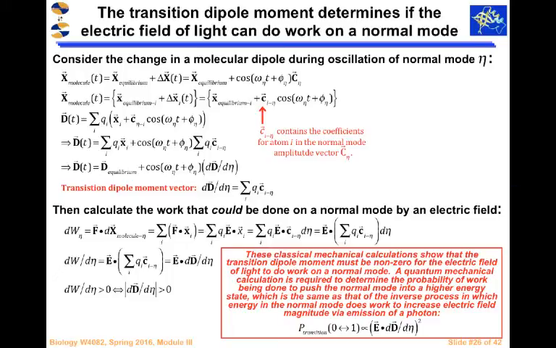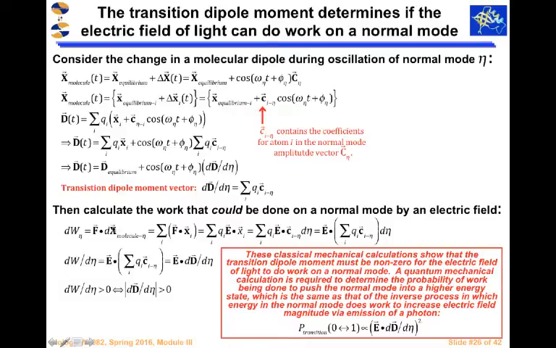Okay, so this has been going on for a while, but we're almost ready to wrap up. The next thing we can look at is what is the force that an electric field, for instance, the electric field of light, can exert on the normal mode? And this is relatively simple math. Again, I don't want to get into the details of the math now, but the bottom line is if we just look at the work that could be done on a normal mode by an electric field, right?